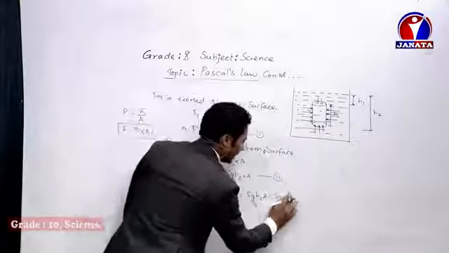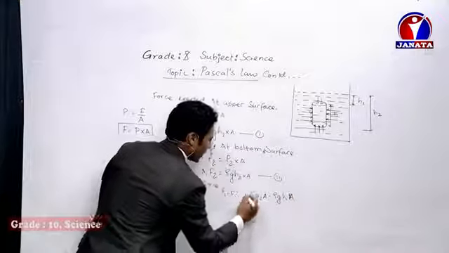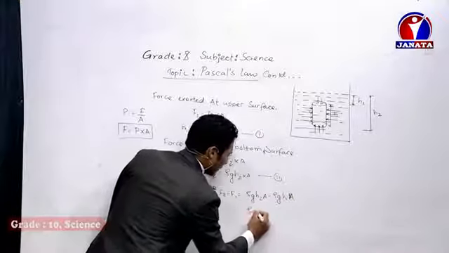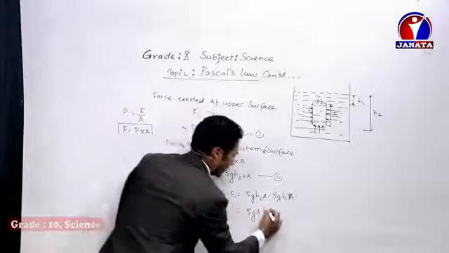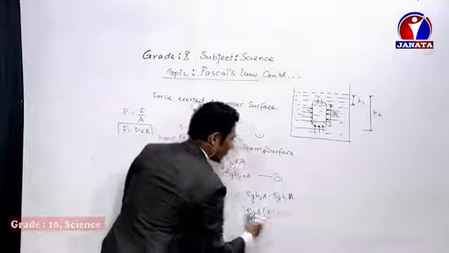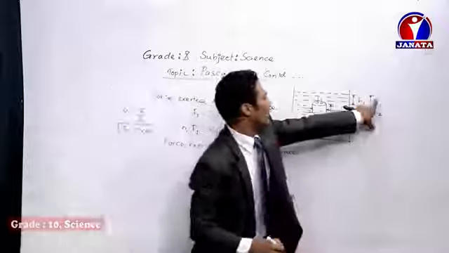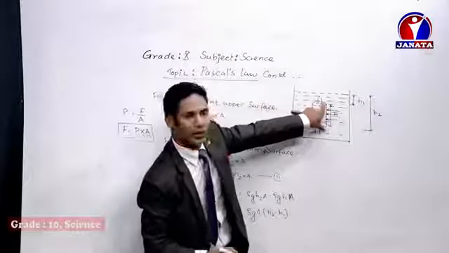Let's simplify this. We can take rho g and A common. Remaining is h2 minus h1, and h2 minus h1 is the height of the object.